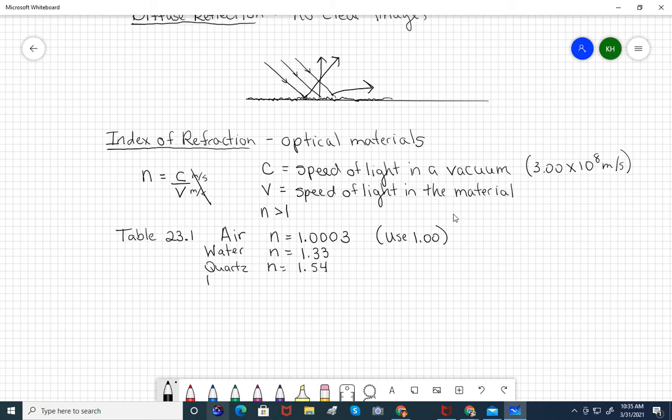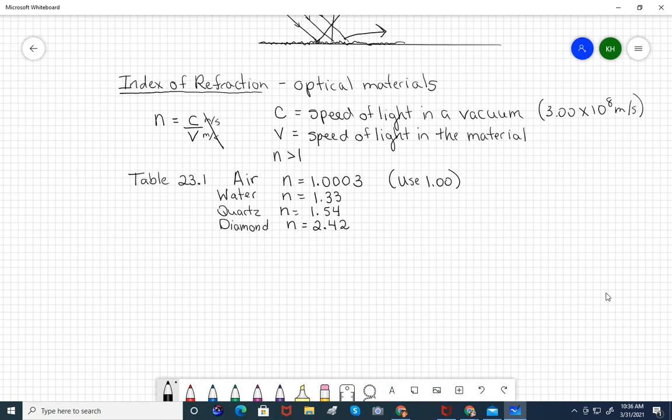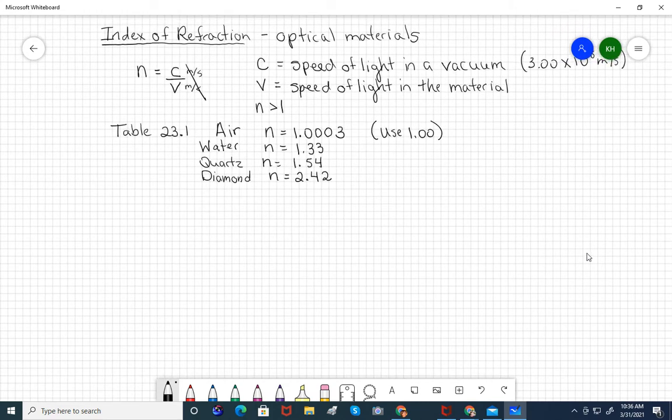And a diamond, probably the most optically dense material you are familiar with, has an index of refraction of about 2.42. If you know how fast light travels, you can find the index of refraction. Or if you know the index of refraction, you could calculate how fast light travels.